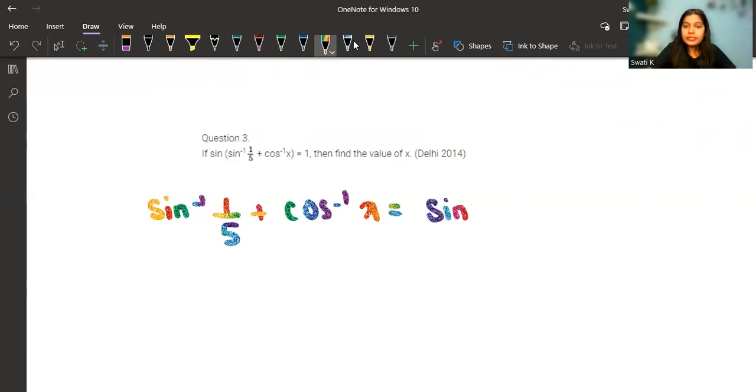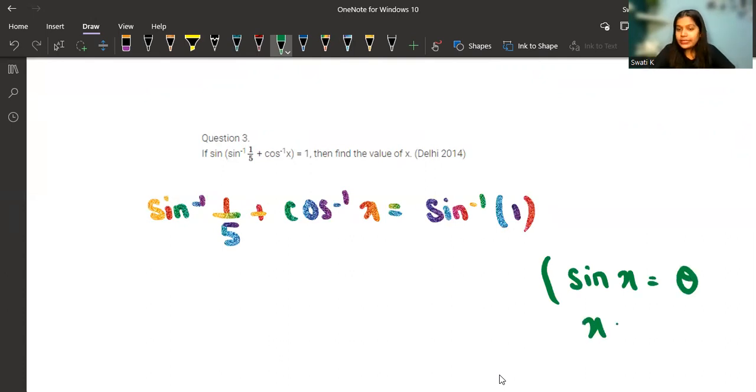It will become sine inverse 1. I'll tell you how exactly I got sine inverse 1. For example, if I have sine x equals theta, we can write this as x equals sine inverse theta. Do you know how I got it? Because I have just taken sine inverse on both sides. So sine inverse sine x became x, and sine inverse theta is sine inverse theta.